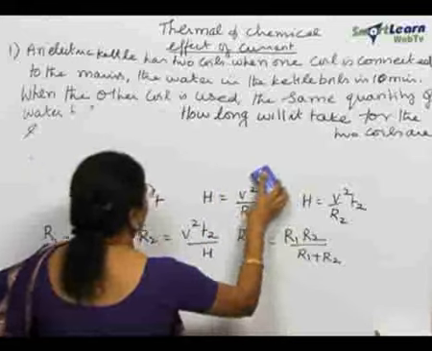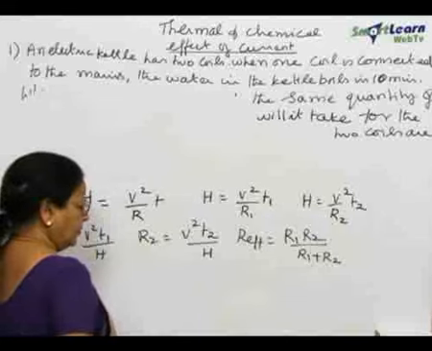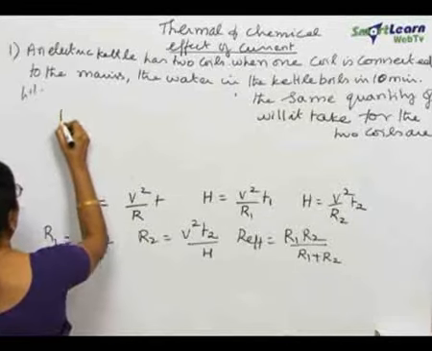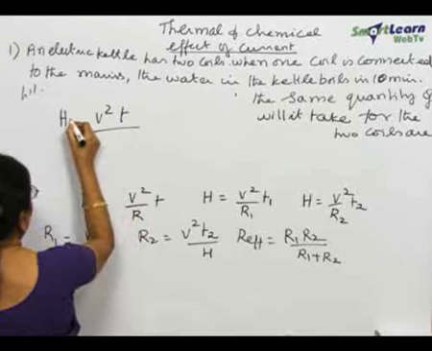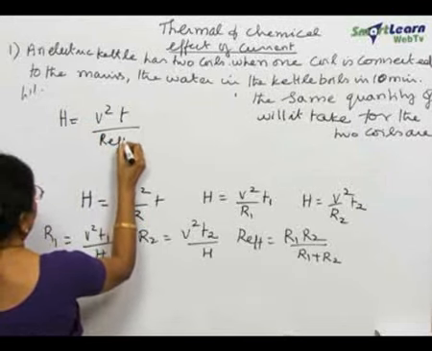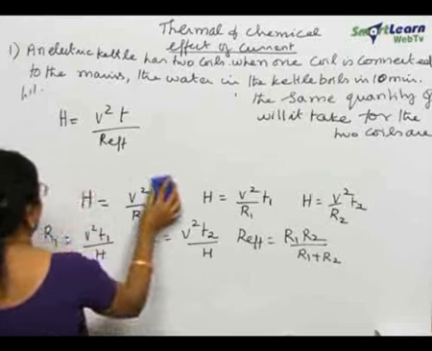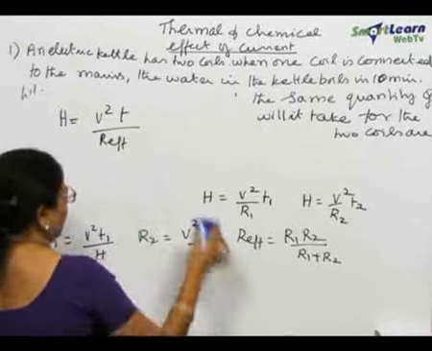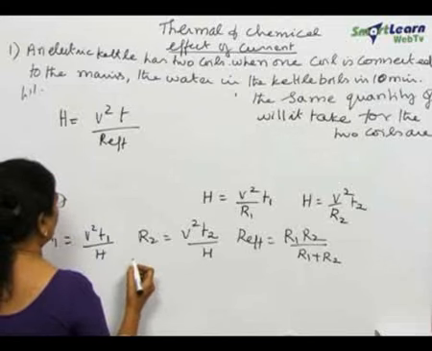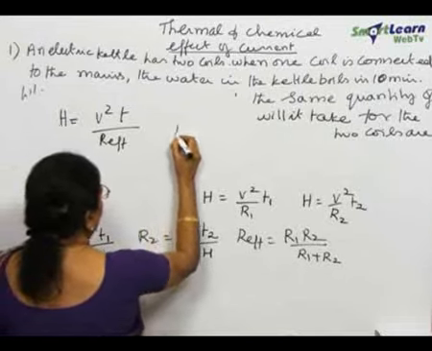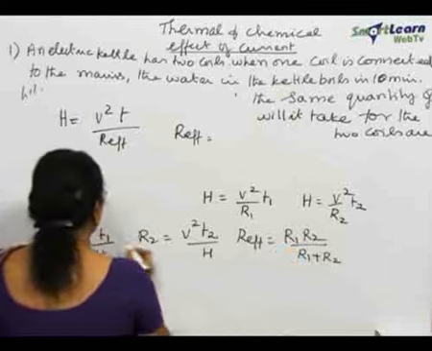Therefore, we should have the same H. Let us take H equal to V square T by R effective. Now, let us substitute for R effective. First let us simplify. So, R effective is equal to R1 R2 by R1 plus R2.